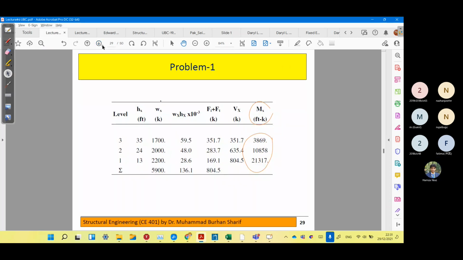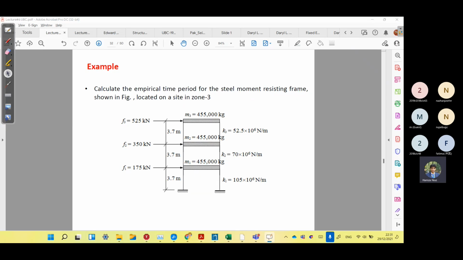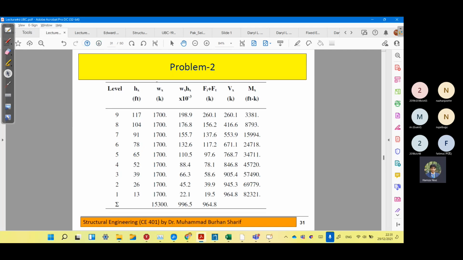This example. But most probably it would not come, because for this sir was saying that we have to provide you with all these 3 values. This F1, F2, F3, they have come due to these little forces.